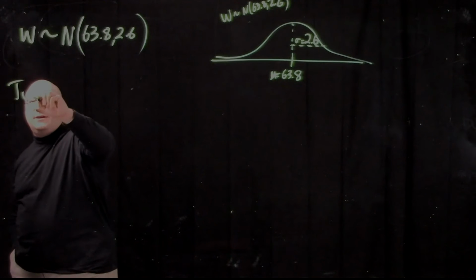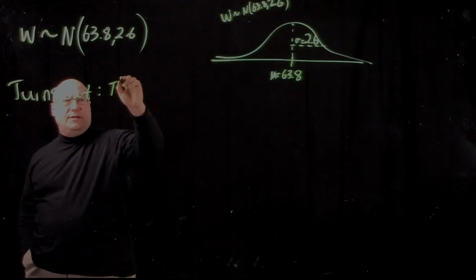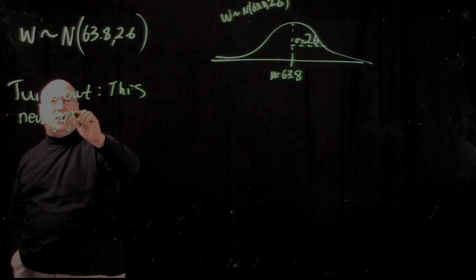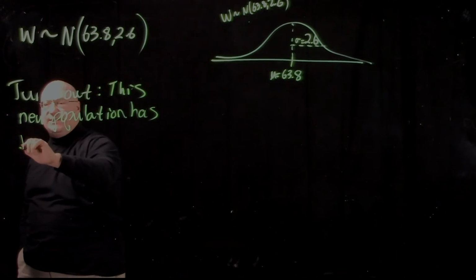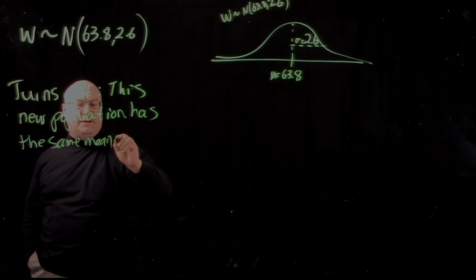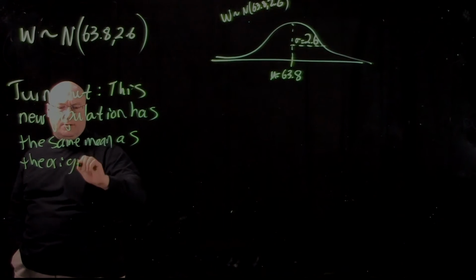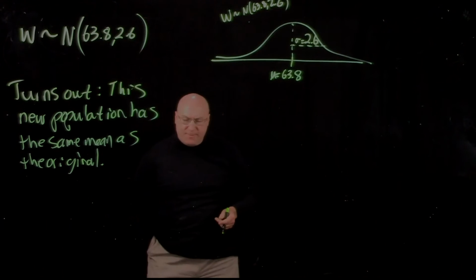It turns out this new population has the same mean as the original. So in this case, 63.8, right?